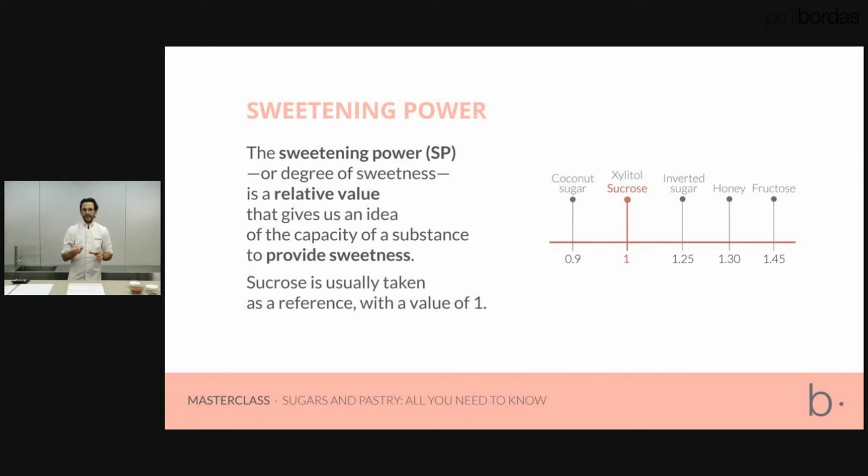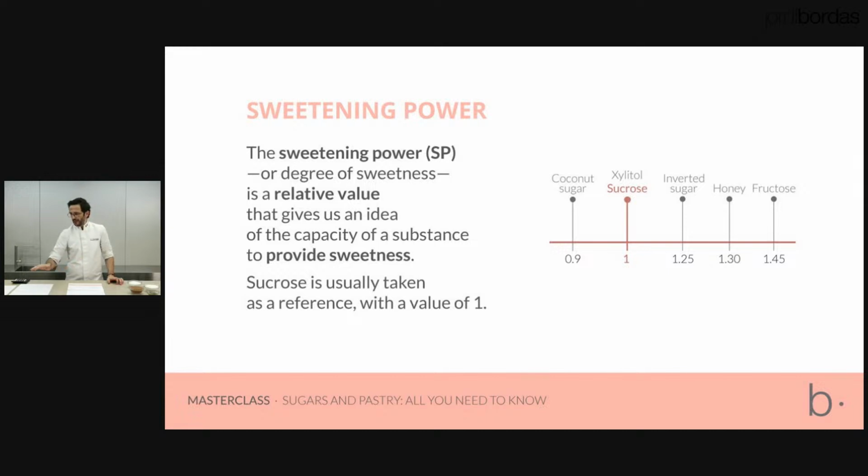If I keep 10% of this 20% of sugar in the recipe, this is going to give me 10 points of sweetness, and if the other 10% of sugar I change for glucose, I'm going to reduce the sweetness. Why? Because this 10% of glucose is going to give me 4 points of sweetness.